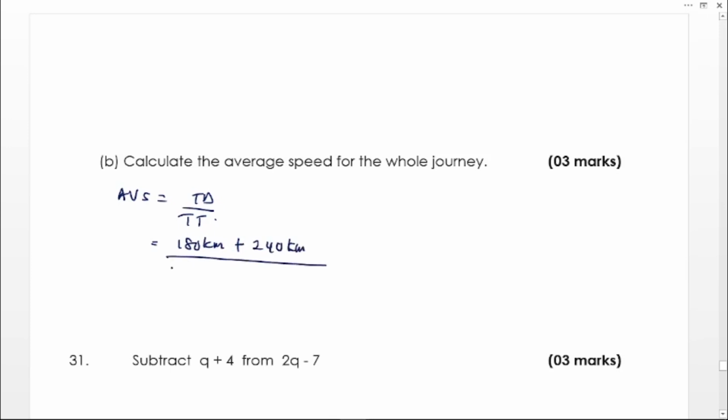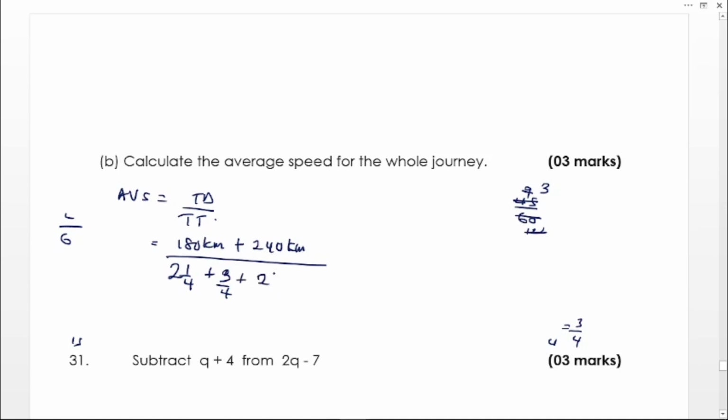Moreover, the first journey took 2¼ hours, then plus 45 minutes. Now these 45 minutes, we have to convert them into hours. So 45 divided by 60, by 5, 9, by 5, 12, by 3, 3, by 3, 4. So we get 3/4.